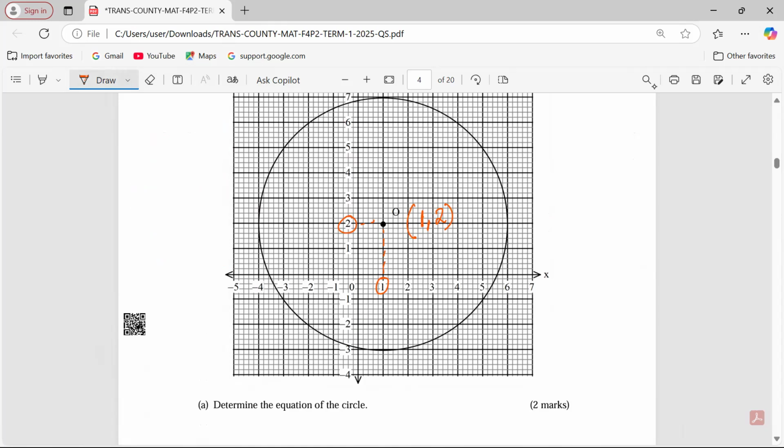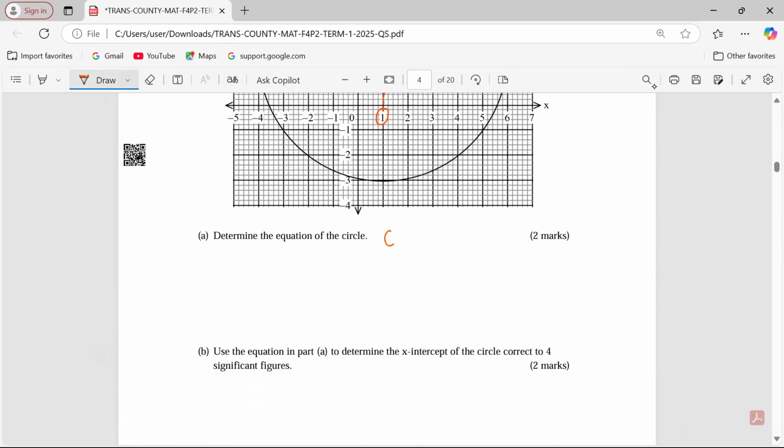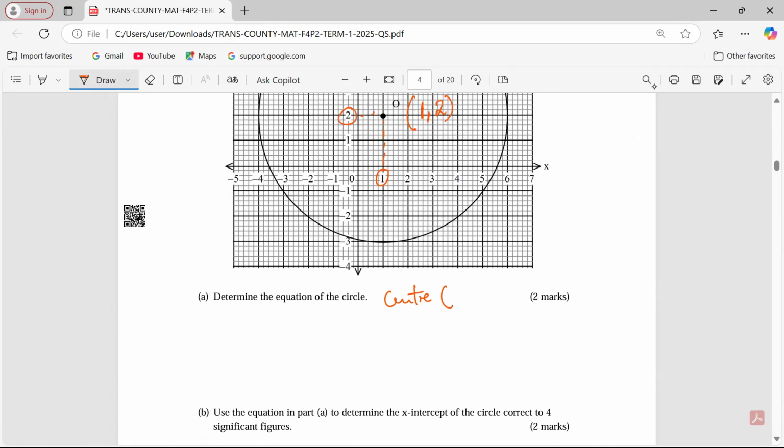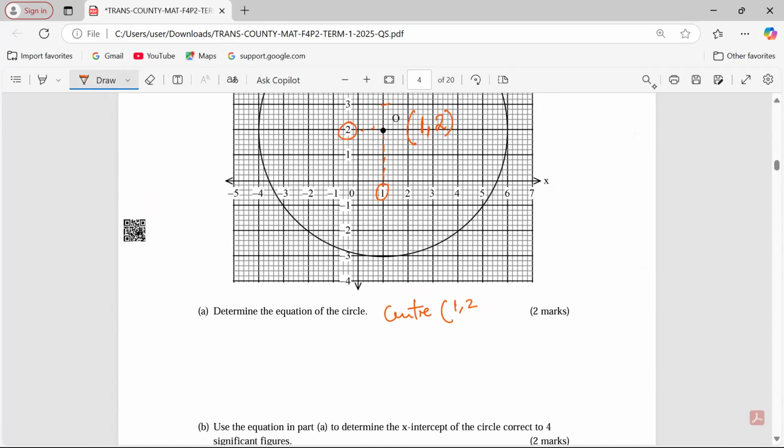Then what about the radius? From the center to the circumference, we are having 1, 2, 3, 4, 5 units all through. So we have center coordinates as 1, 2, and radius is 5 units.